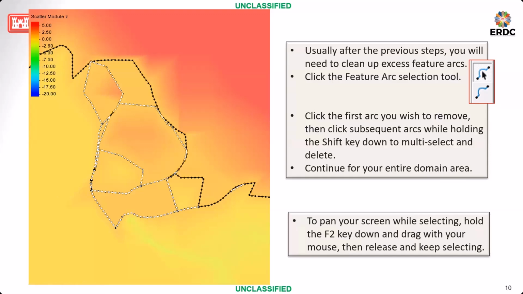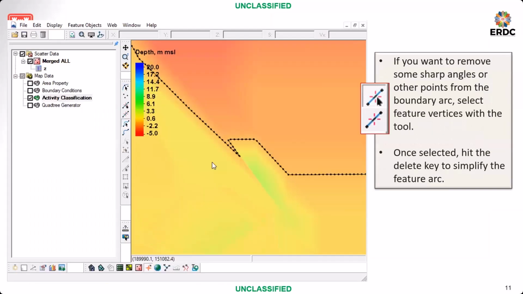You can continue to do this throughout the entire domain. And if you are actively clicking on multiple arcs that you want to remove, but want to avoid using your cursor to remove what you have selected, but still pan through the screen, you can use the F2 key. That's just a little hot tip.